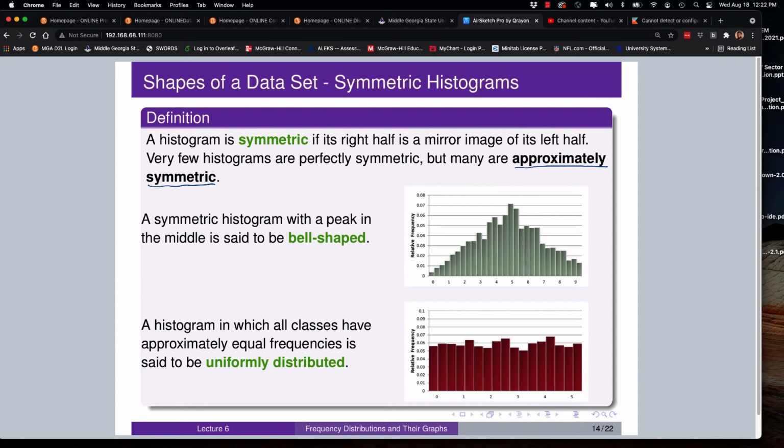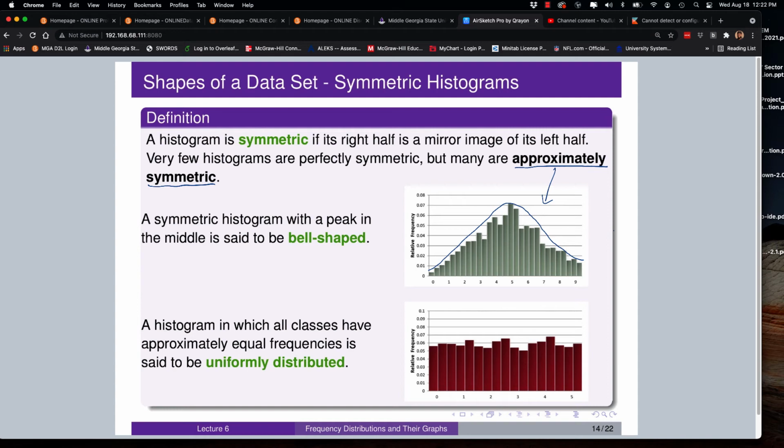It's a little wonky, so we would call it approximately symmetric. But notice that the tails on both ends of this are not as skewed as the others. It's not perfect, but it isn't too shabby either, and that's what we're looking for. We're looking for the graph that's almost symmetric. Doesn't have to be perfect, but it's almost there.